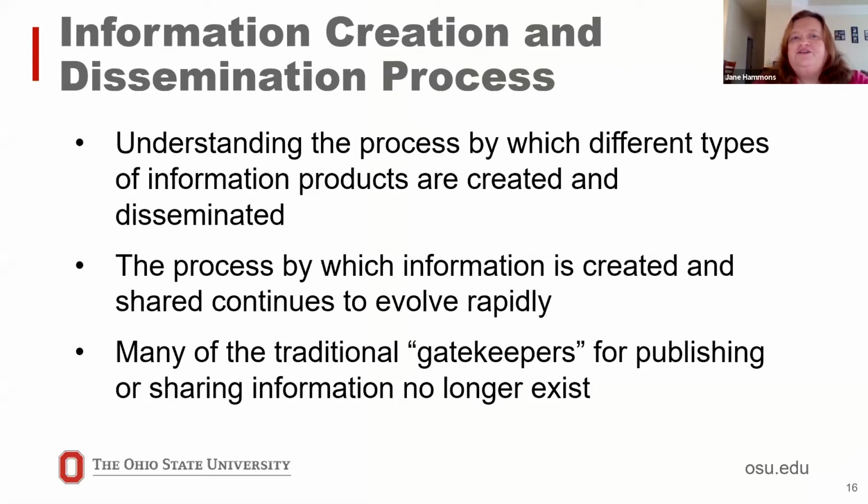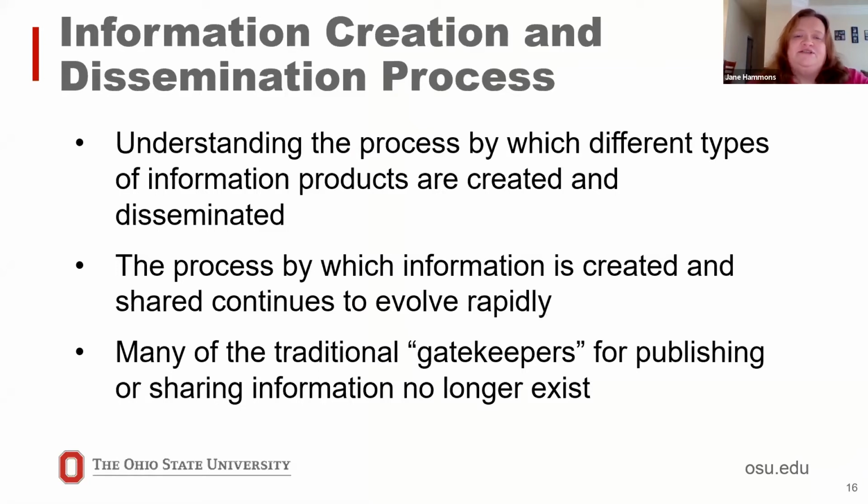So information creation and dissemination. Understanding the process by which different information products are created and disseminated. Students may not understand how the peer review process works, but they may not understand how news articles are published, you know, how other types of information formats are created and shared. And this is even more challenging because there are so many different ways to share information now, and the whole information landscape is so rapid.